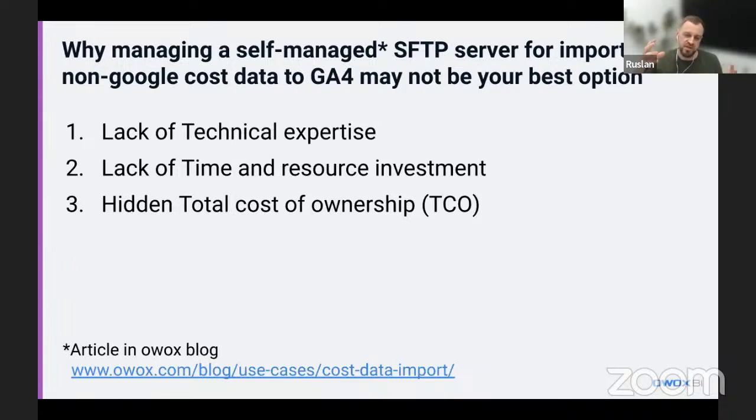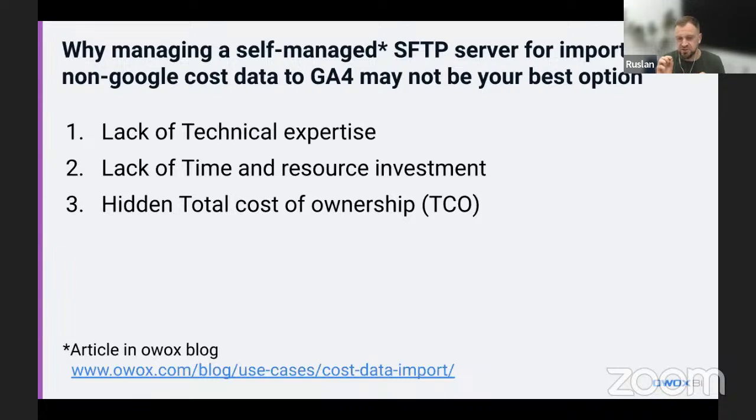When evaluating the decision to set up a self-managed SFTP server, it's essential to assess the total cost of ownership. The initial cost of establishing your own SFTP server on public cloud providers like Google Cloud, AWS, and Azure may seem a low investment. Actually, potentially it could be less than $50 per month.